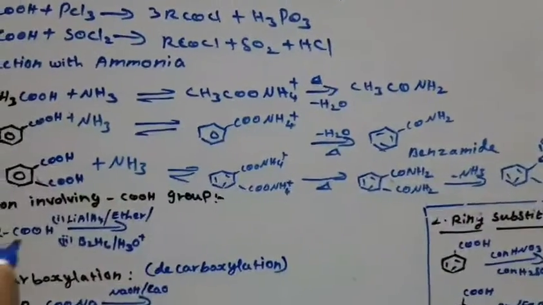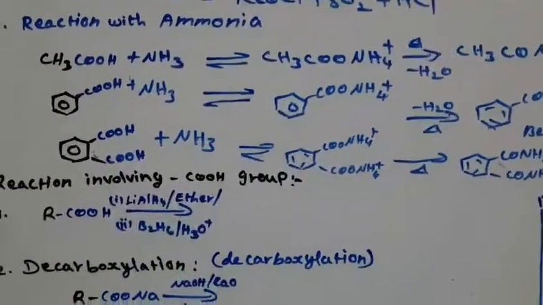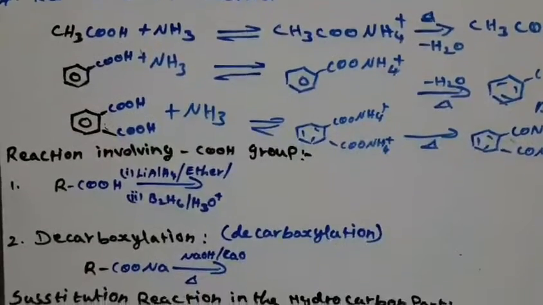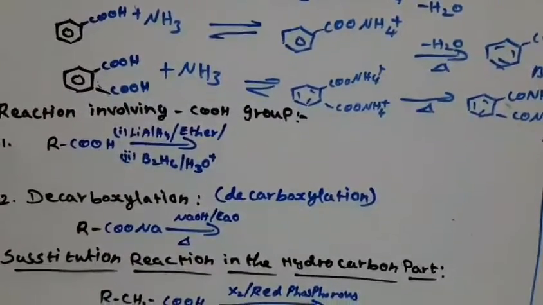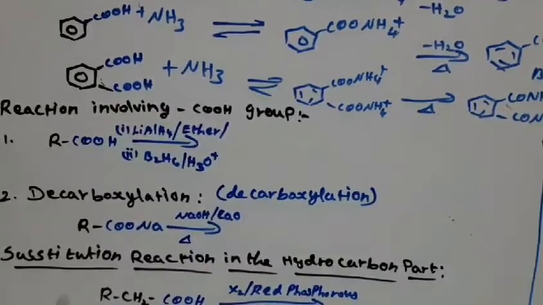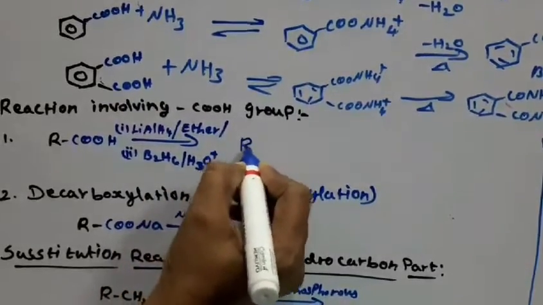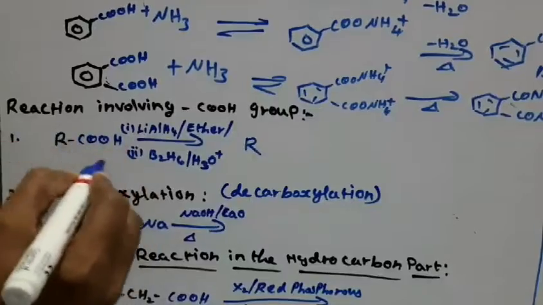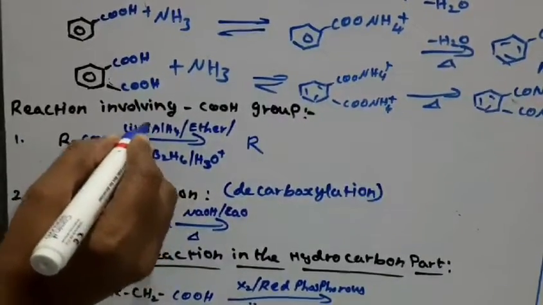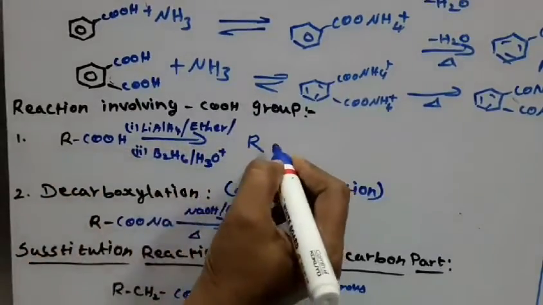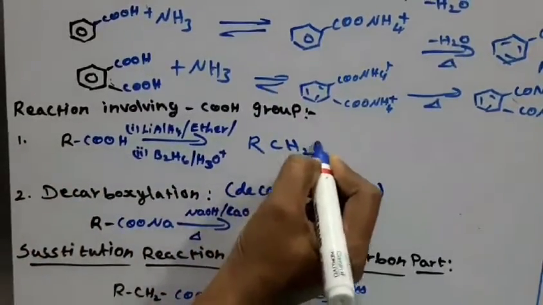Okay, and reactions involving the COOH group. We studied that carboxylic acid is reduced with lithium aluminum hydride to form primary alcohol. This COOH group, in the presence of a strong reducing agent, gets reduced to produce primary alcohol.